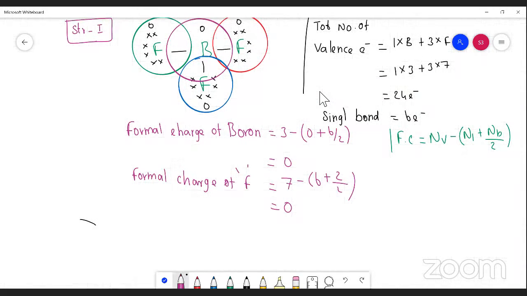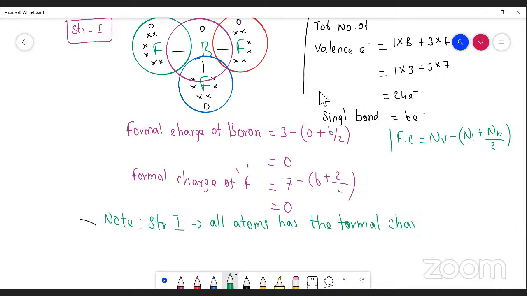In structure 1, all atoms have formal charge equal to 0.